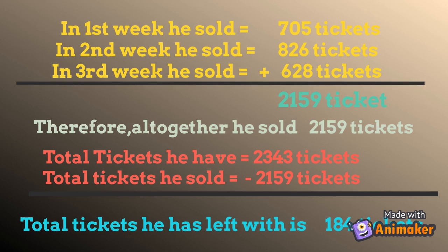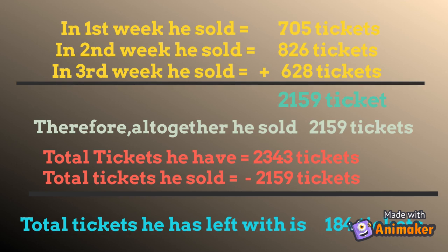In the second week, he sold 826 tickets, and in the third week, he sold 628 tickets. That means in the whole 3 weeks he sold this many tickets. That means this is an addition. So we need to add these, and after adding, the answer is 2159 tickets.